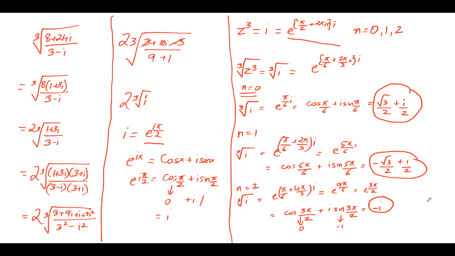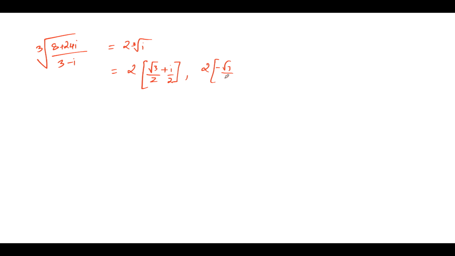So now to complete our answer, we found that the cube root of (8 plus 24i) divided by (3 minus i) was nothing but 2 into the cube root of i, which is 2 times (root 3 by 2 plus i by 2), comma, 2 times (minus root 3 by 2 plus i by 2), comma, 2 times minus i.